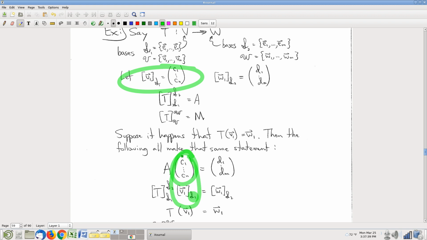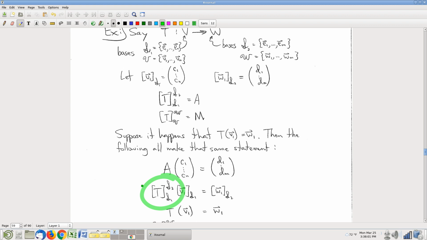Okay. Along those same lines, again, we're representing T here with respect to this pair of bases. The output basis is S2. That means that when this matrix multiplies by something, what is going to come out will be the coordinates with respect to S2 of some output vector.